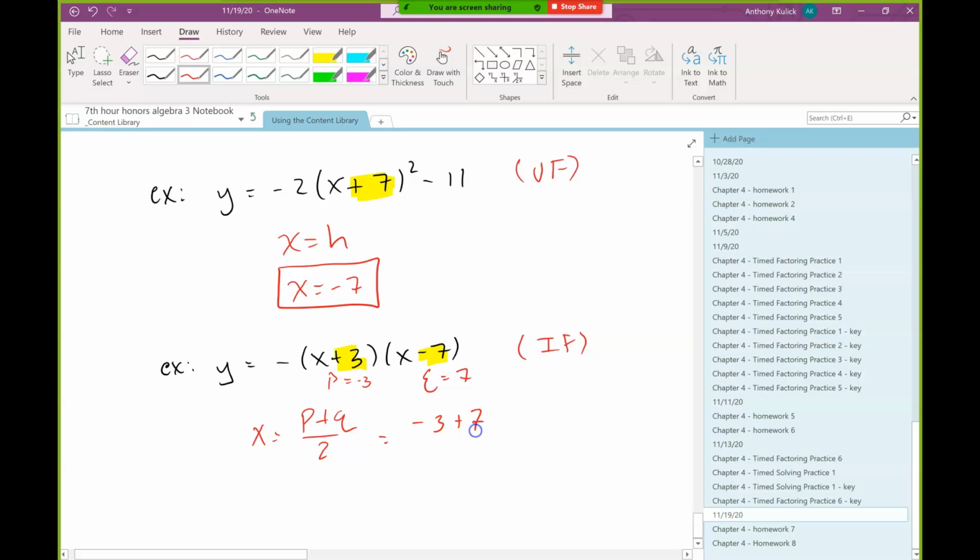So I have -3 plus 7 over 2. So that's 4 over 2, or just 2. So that's pretty easy, right? It just requires the formula to do, and the formulas are quite simple. It's easy to get the values for the formulas, and the formulas are all quite easy to compute. So that's not so bad.